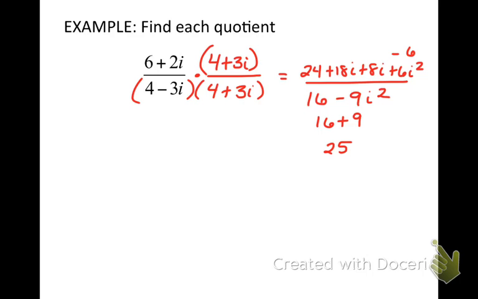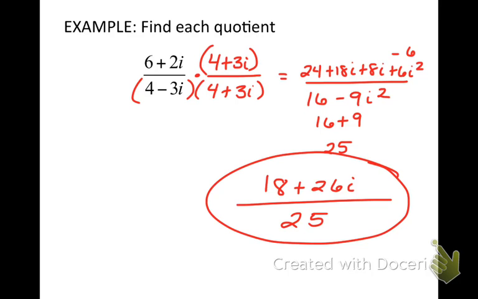So 24 minus 6 is what, 18? So I have an 18 in my numerator. 18i plus 8i would make 26i, all over 25. Can I simplify my 18, 25, and 26? No, can't divide anything out of all of them, so I would just leave it as such.